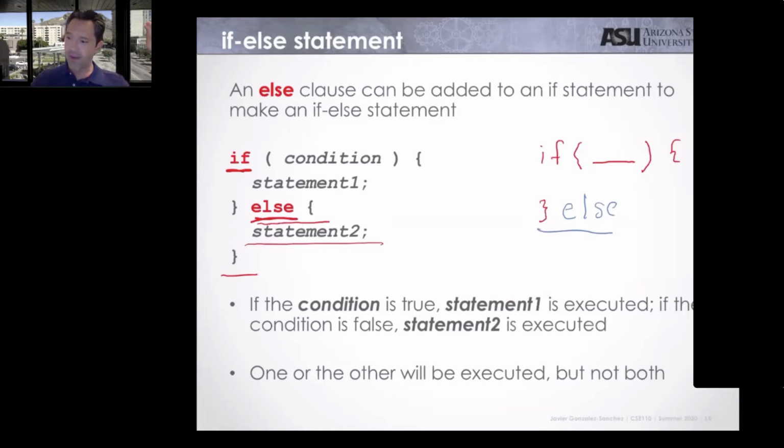And that else is going to have its own open curly bracket and closing curly bracket. Did you notice, is it the red or the red plus the blue? We are not adding another condition. The only thing that we are adding is a new keyword, and 2 curly brackets extra, one open, one closed.